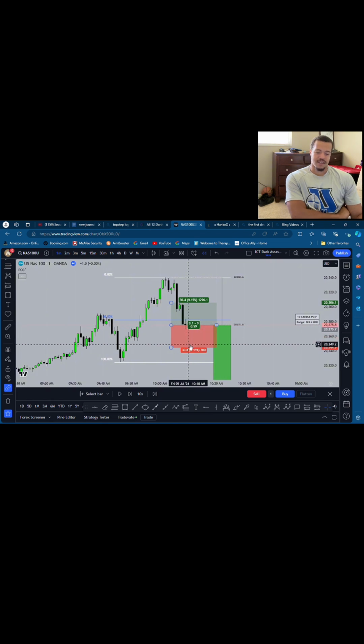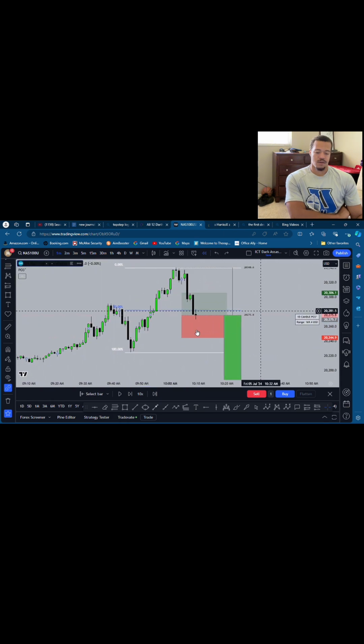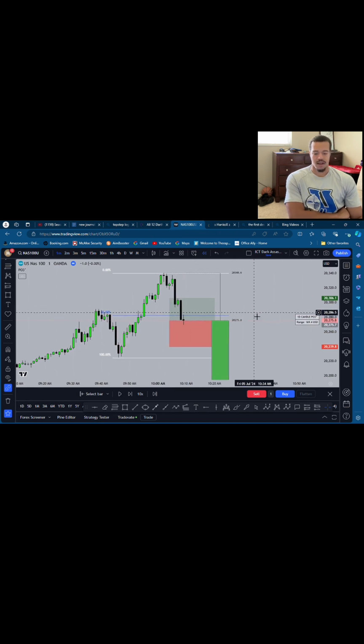It may even hit my stop loss, come into this fair value gap, and then want to go up. That's a possibility. So I'm going to push my stop loss just a little bit down. So it won't be a 1-to-1. It'll be just a little bit under 1-to-1, but I'm fine with that. Let's see.